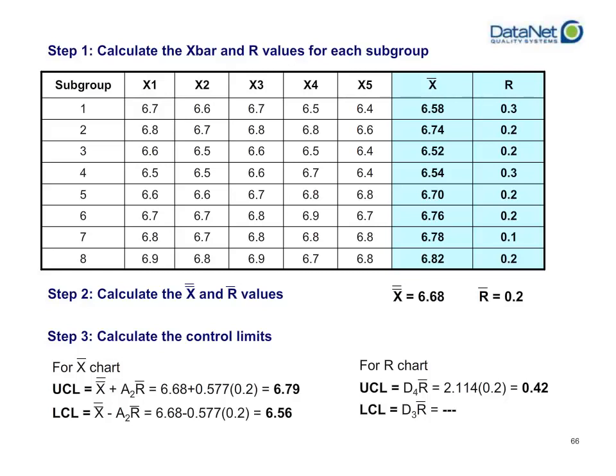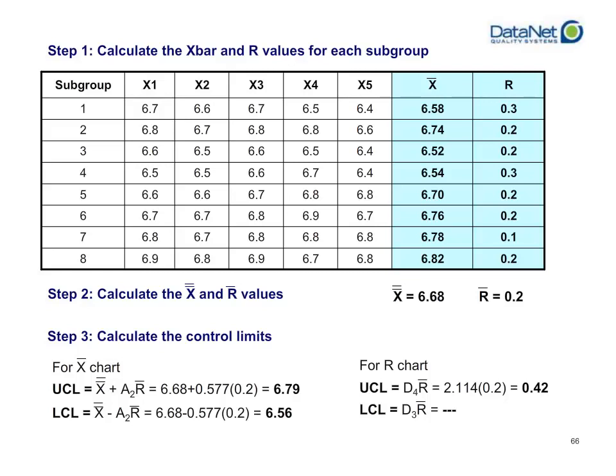Your third step in the creation of an Xbar-R chart is to calculate your control limits. Now we have a function to determine our control limits. For the upper control limit, you can see it's your grand average, or your X double bar, plus A2, which is a constant that comes from a predefined table relative to the size of your subgroup, multiplied by your R bar value.